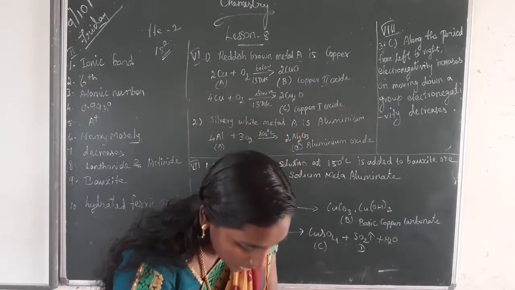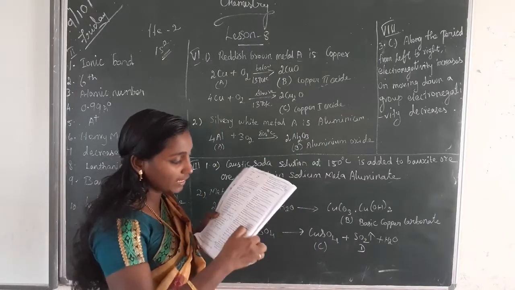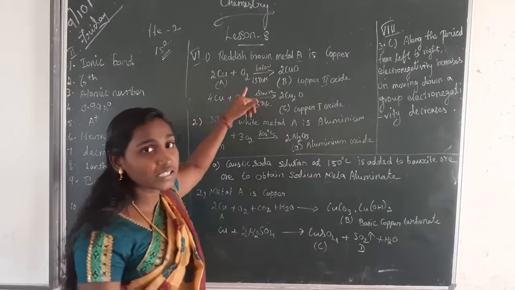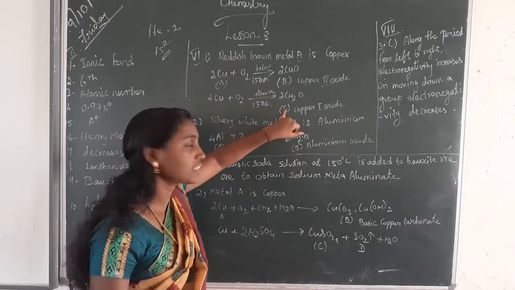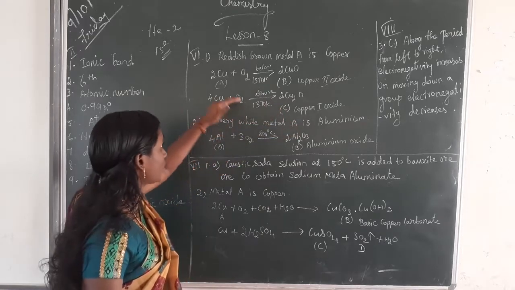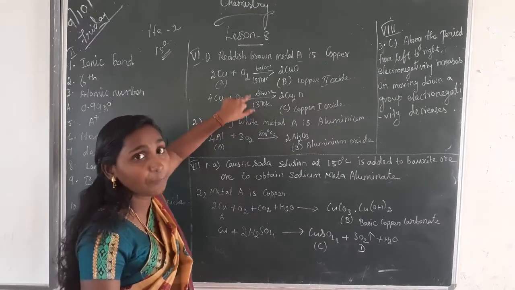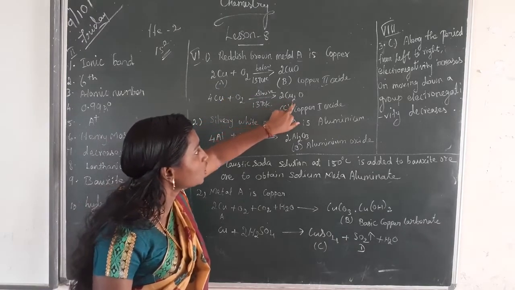Then see the question. At a temperature greater than 1370 Kelvin, A gives C. So above 1370 Kelvin, what will A give, C, in the presence of oxygen? Again this copper combined with oxygen above 1370 Kelvin, we will get Cu2O.